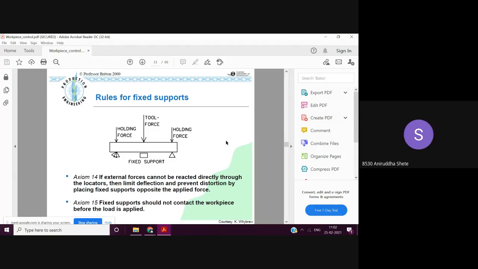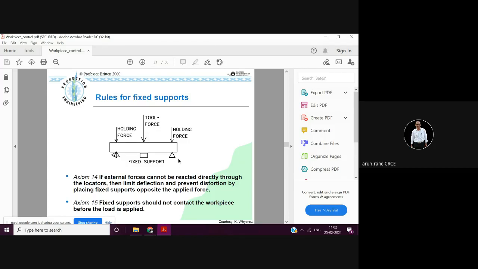Wherever you have tool forces or holding forces or clamping forces, you have to place locators exactly below them. Suppose the locator is here and your holding force is a little away, then it is going to press the component at that point because there is no locator exactly below that.